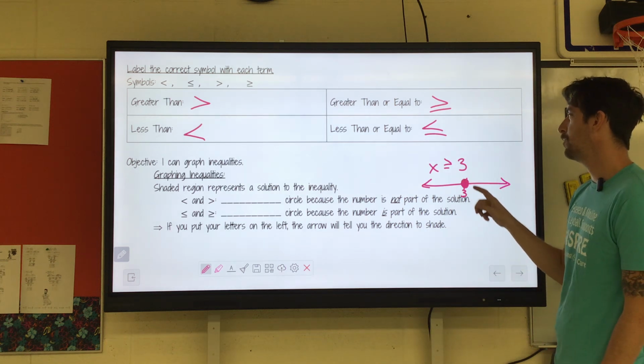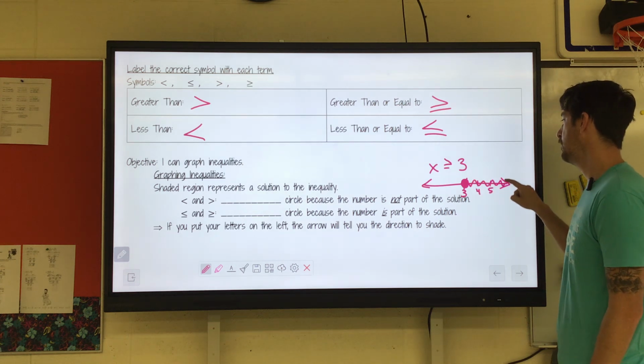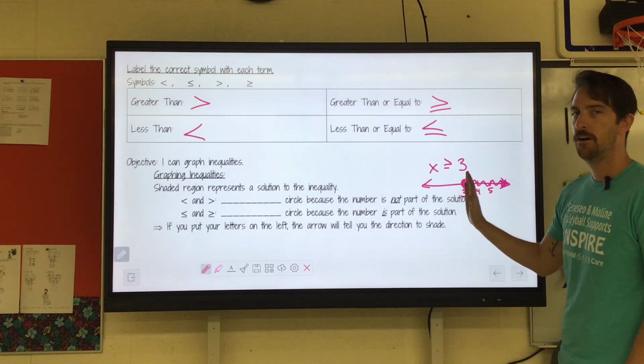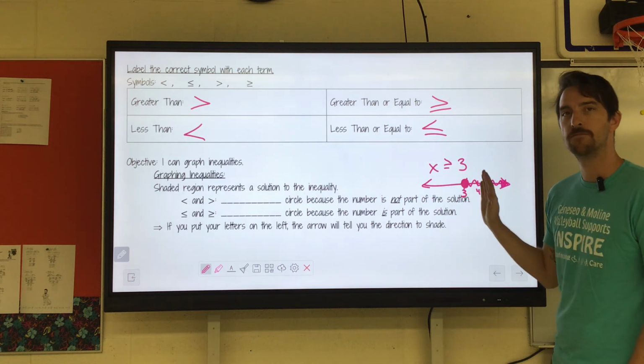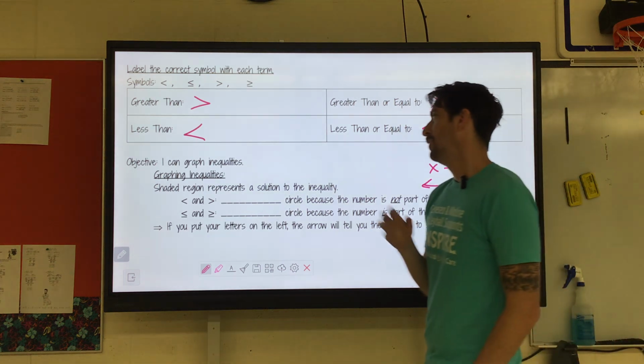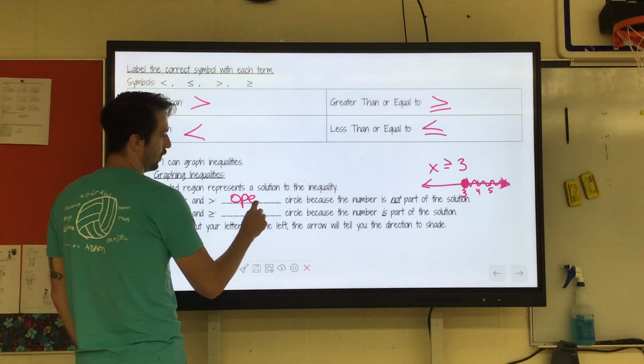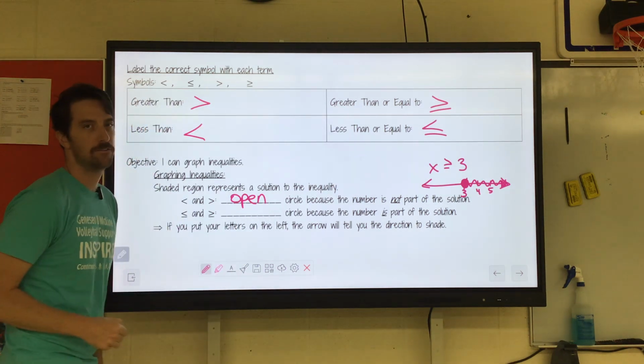So the numbers on a number line greater than 3 would be like 4, 5, 6, and so on. So then you just shade it in that direction to show all of these numbers in the shaded region would be considered solutions of the inequality. So less than and greater than, you have an open circle because the number is not part of the solution.